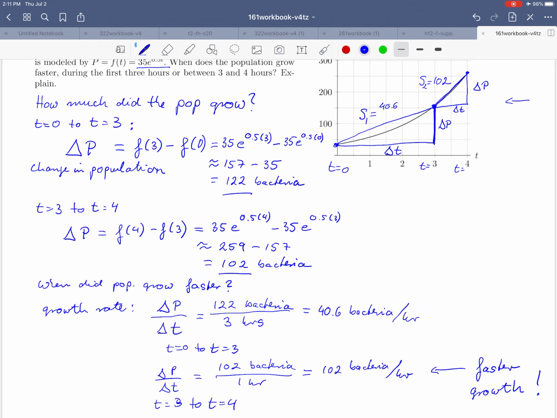So we can see that the slope of the second line is much steeper than the slope of the first line, and so note that the slopes of the lines S1 and S2 are the two growth rates.